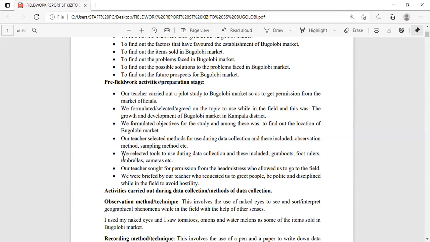Then you come to this. We selected the tools, but we encourage you to follow PTOM. The moment you don't follow PTOM in order, where you stop following the order is where you cease earning marks.